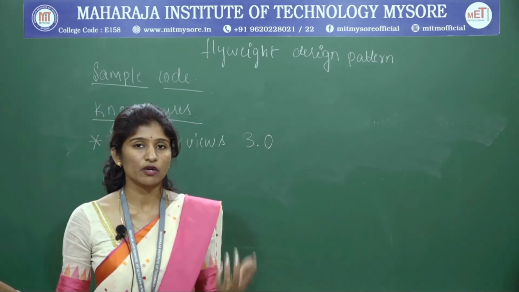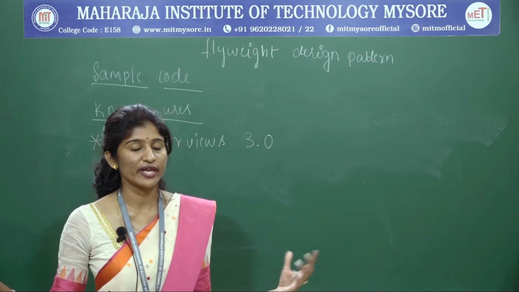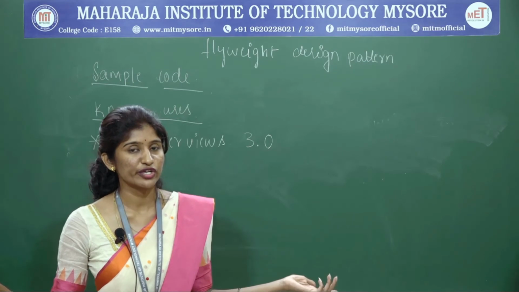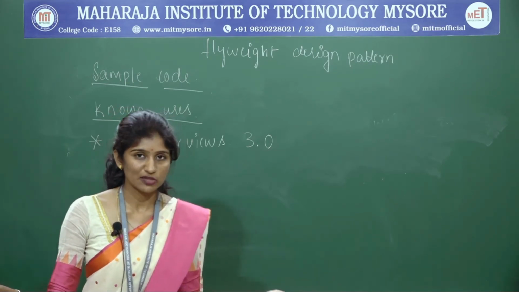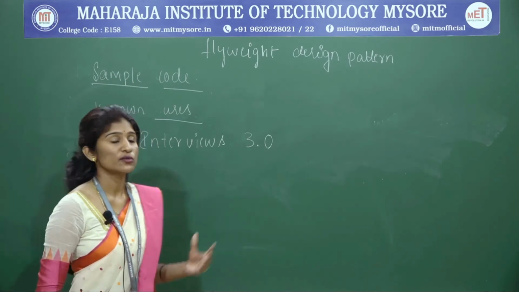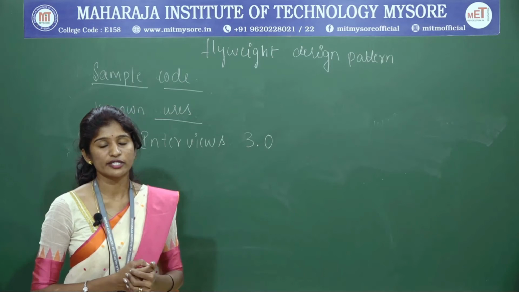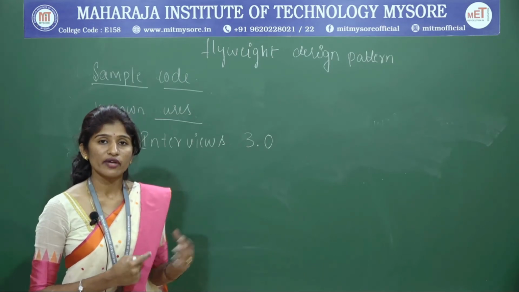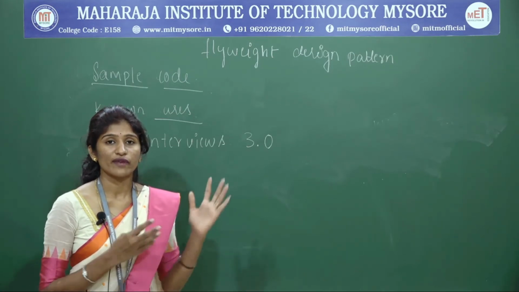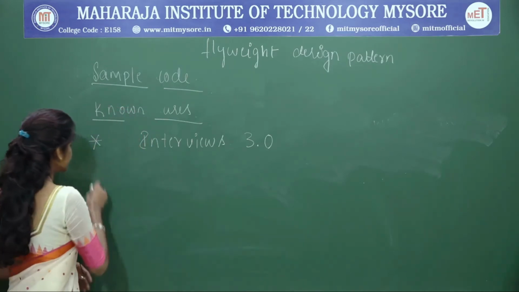As primitive objects, it was using the Glyph abstract class that we studied in the previous motivation and pseudocode example. All these objects were initially used in InterViews 3.0, which is an object-oriented design, where the initial stages of flyweight objects were used. So that is the first use.